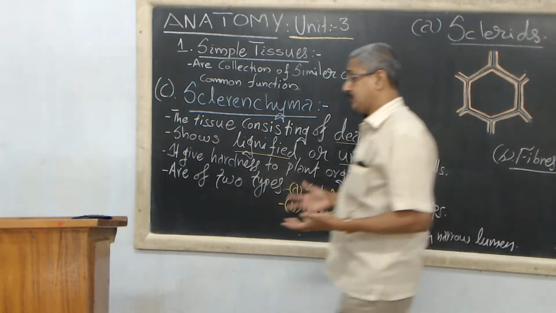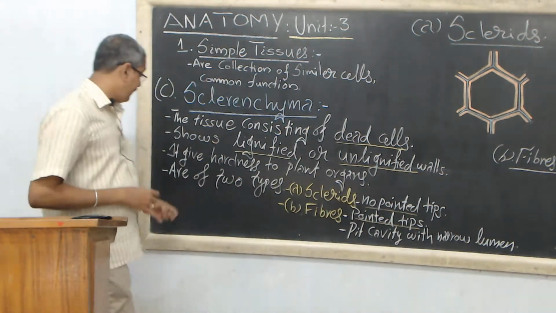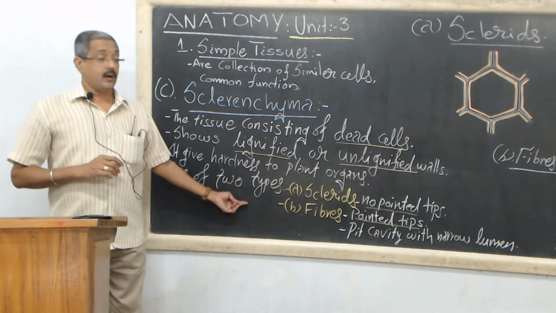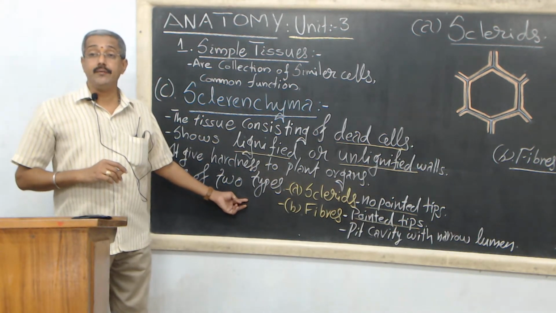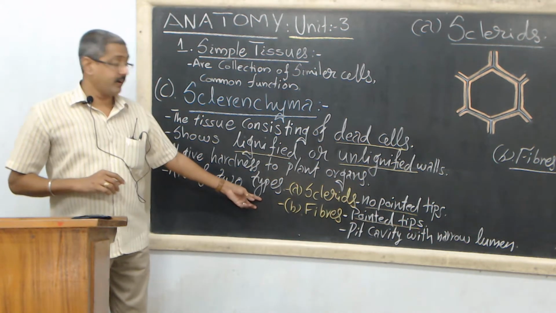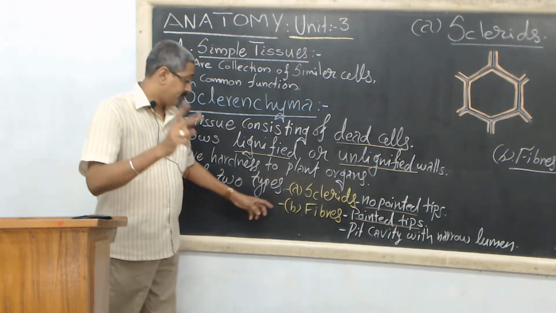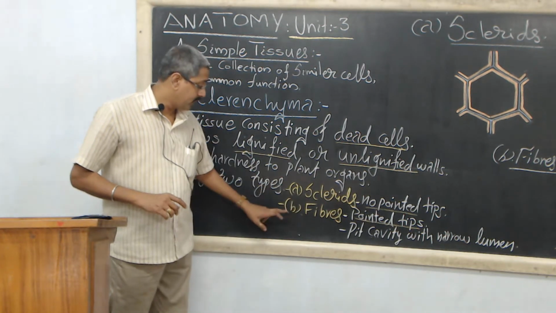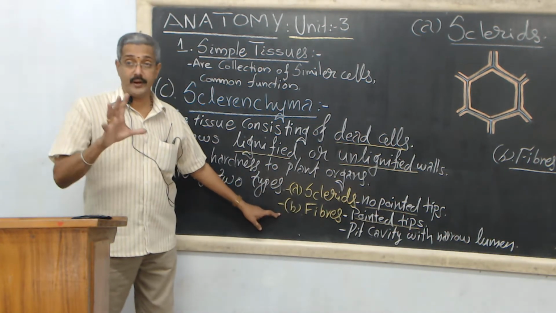It is the special feature of sclerenchyma, and it is of two types. According to differentiation, the cells become differentiated into two types: one is called sclerids, and the other is called fibers.